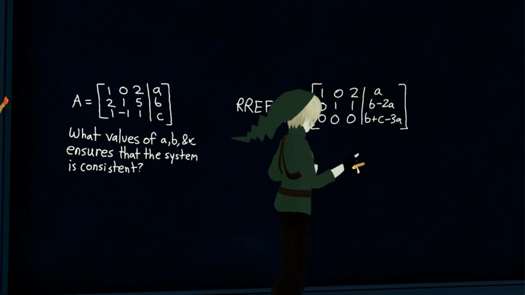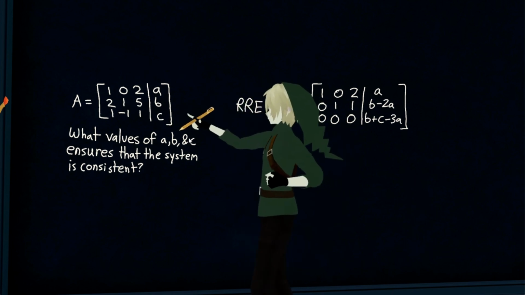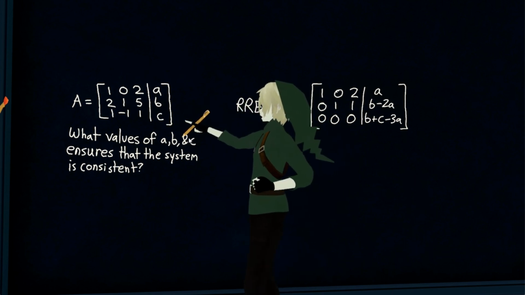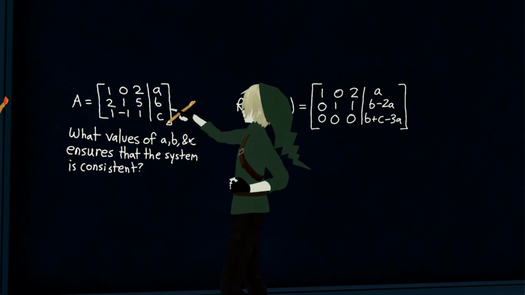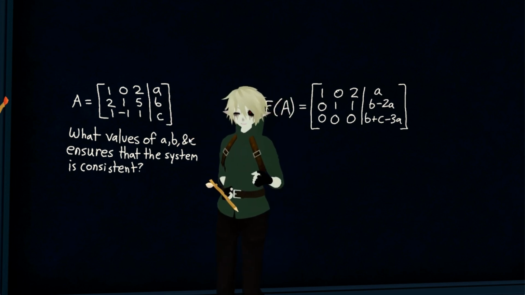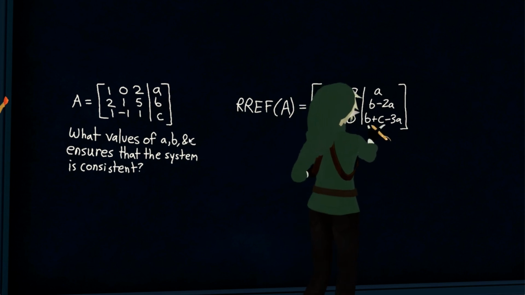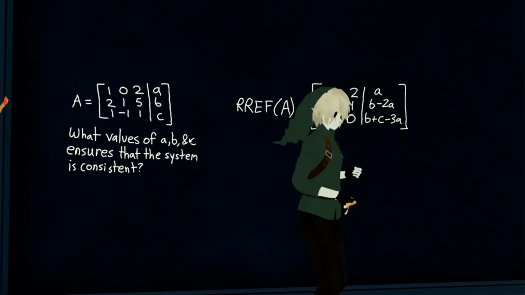So how do we make this become consistent? What values of A, B, and C make sure that the system is consistent? What that means is we need to make sure that this here needs to be 0. Does that make sense?